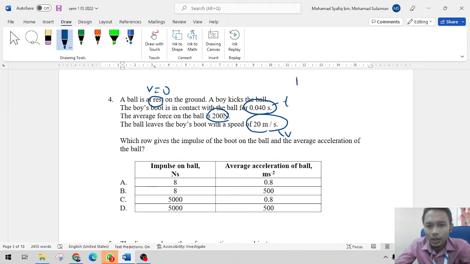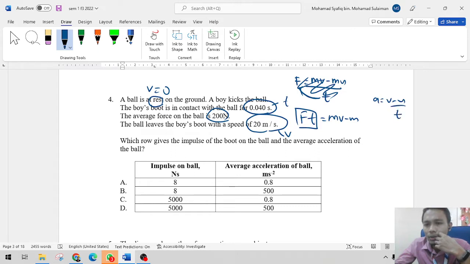So impulse, F equal to mv minus mu over time. So this is not impulse, impulse is Ft, which is equal to mv minus mu. So force times time is impulse, and acceleration is v minus u over t.